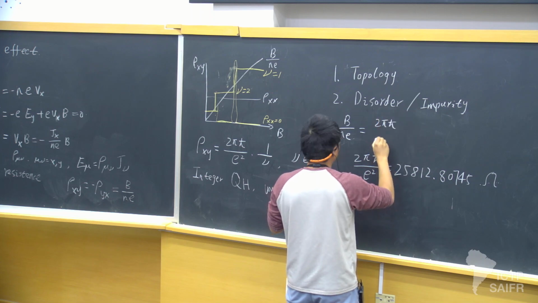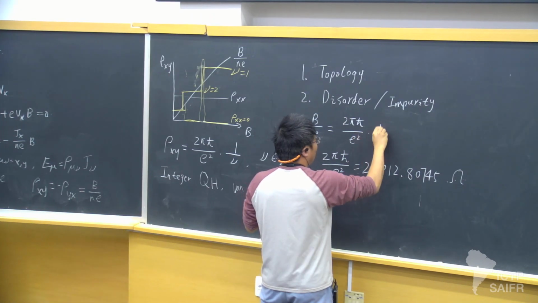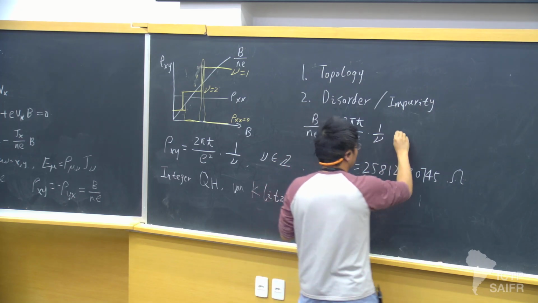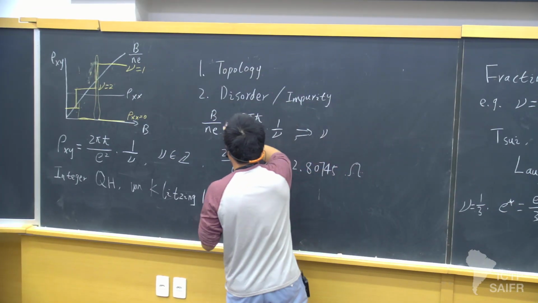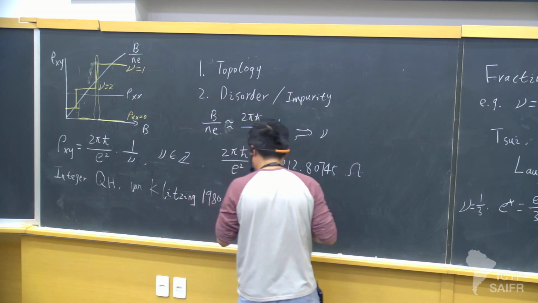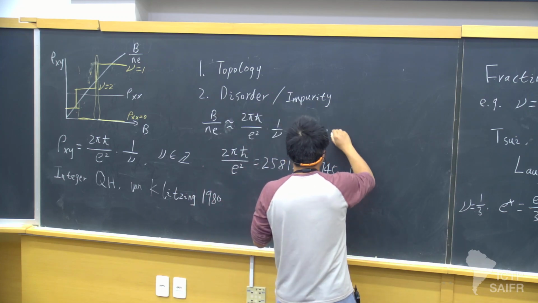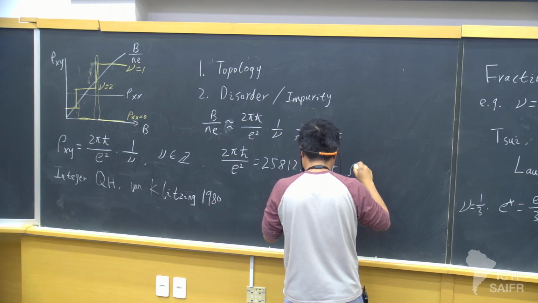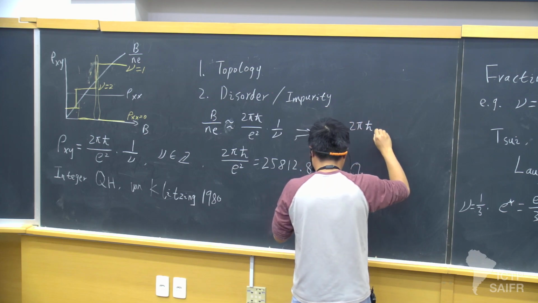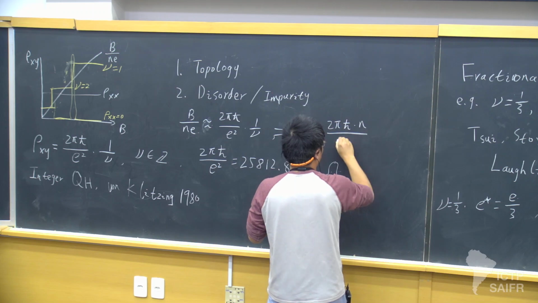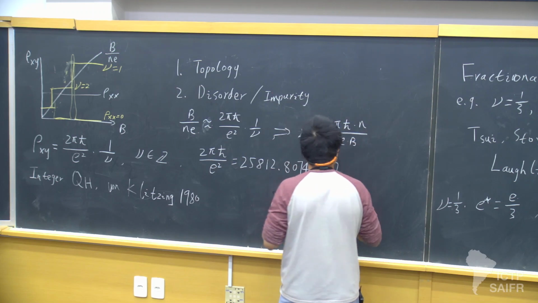And then what you can get is, roughly, let me use an approximate value, roughly this nu will equal 2 pi h bar times n over E times B, right?